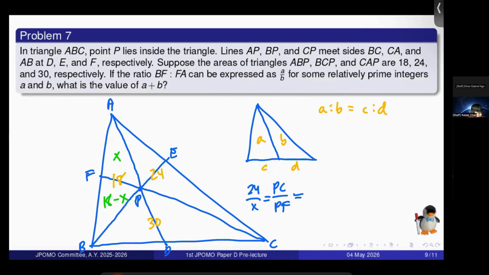Hold on. So given this, what will we get as the value of x, if the equation is 24 over x equals 30 over 18 minus x?